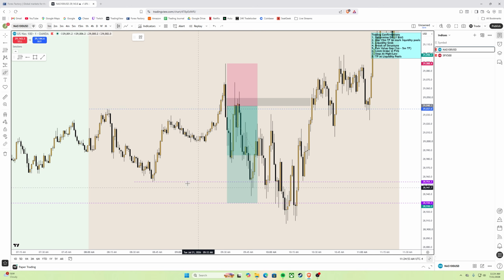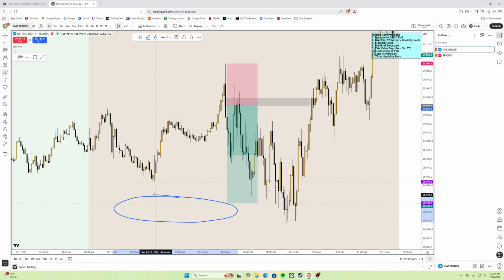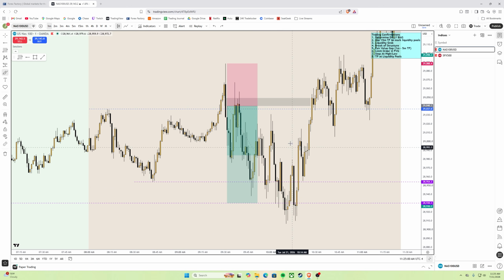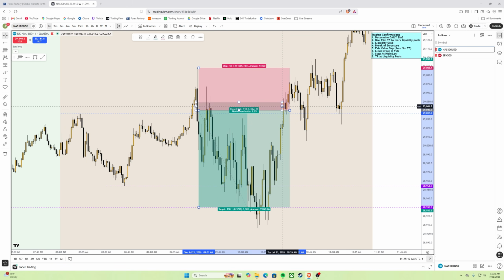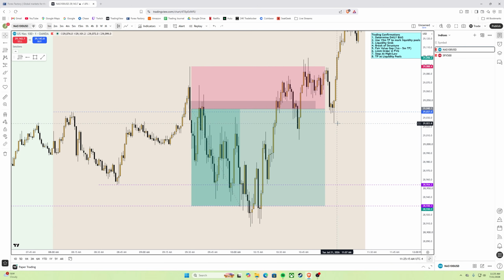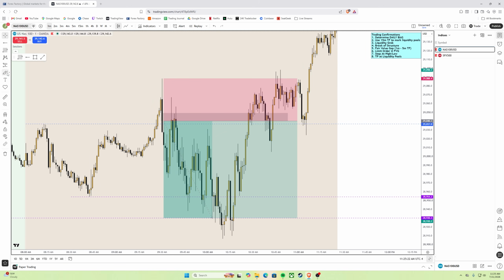I would have taken at least 50% or a partial here and then at least another partial at this level before price reversed. So at that point, I would have closed at the very least half, if not the majority of my position, and then I still would have left my stop loss open, which once again wouldn't have been a big deal because I would have already secured profit, and I would have probably only had 20% of my initial position open, and then price would have reversed against me and hit my stop loss, but I basically would have walked away in profit.